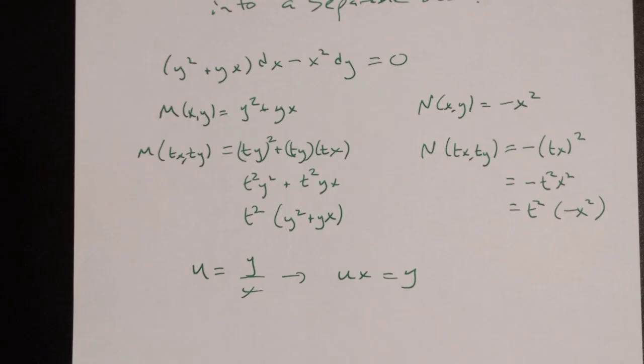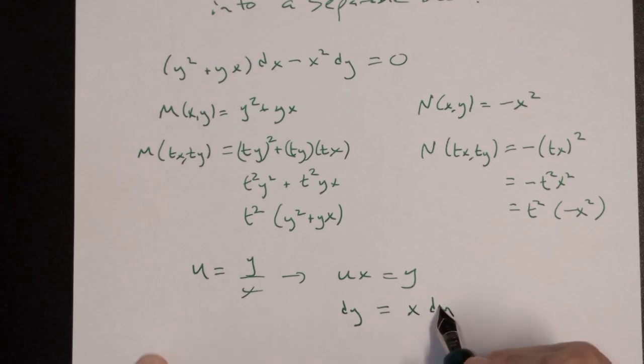I can take the derivative of this to get dy in terms of u and x. Product rule. dy is derivative of the first times the second, du.